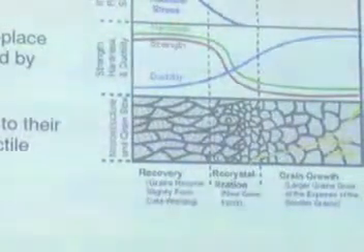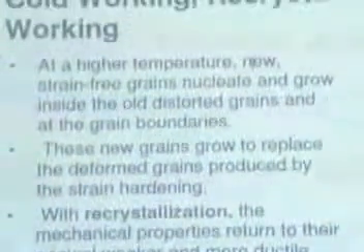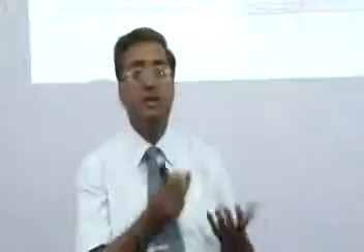The recrystallization, particularly in hot working, happens within a given range of temperature. For different alloys, the recrystallization temperature is different. We will look into the details in the next lecture. Thank you very much.